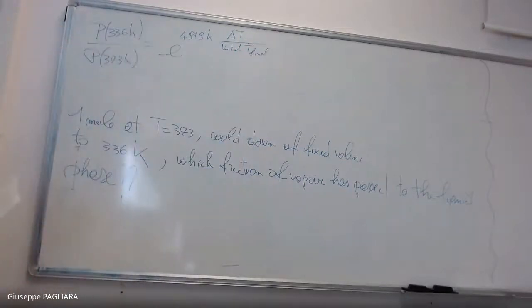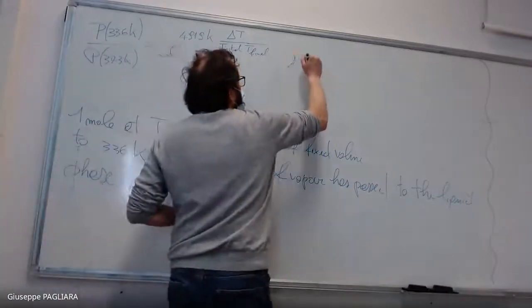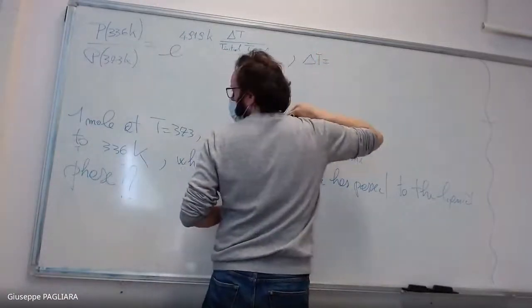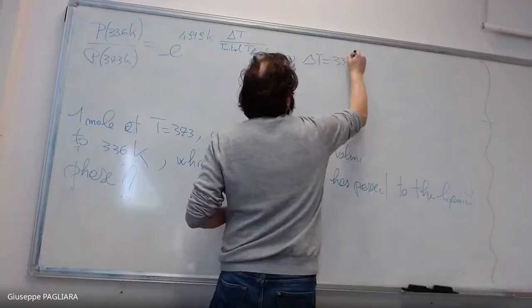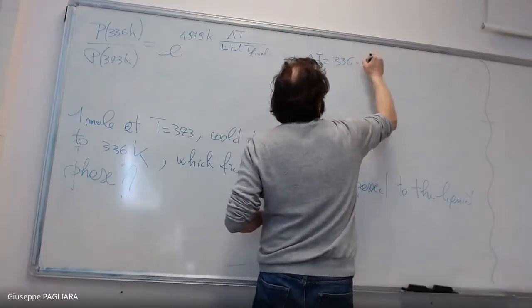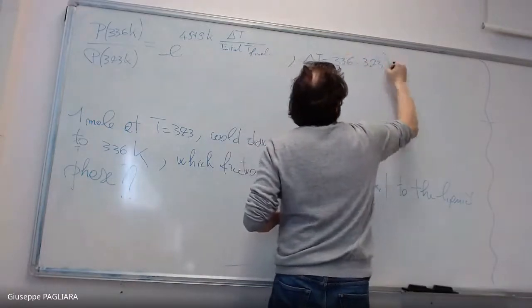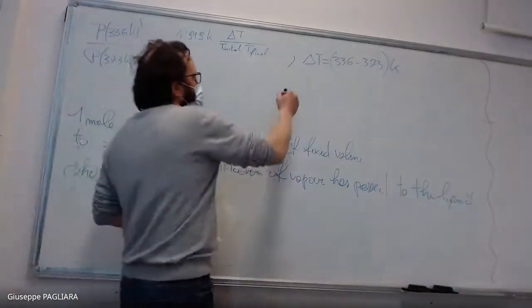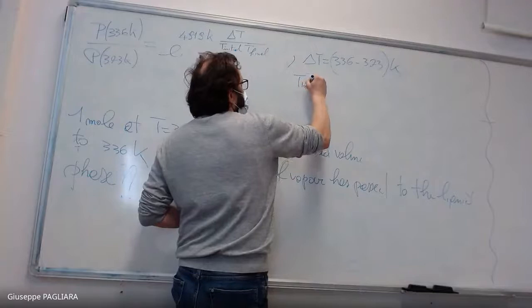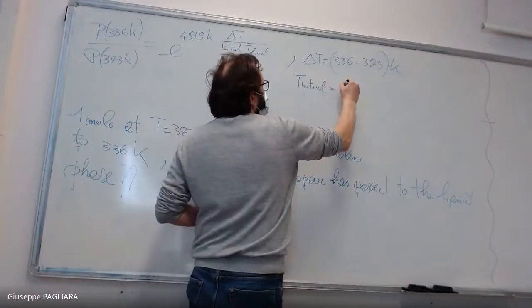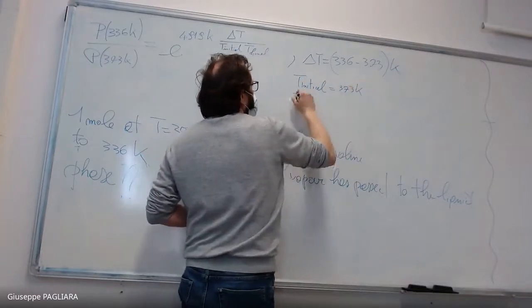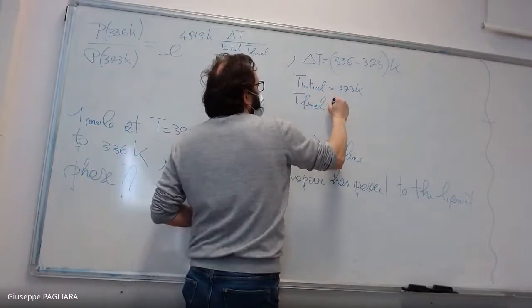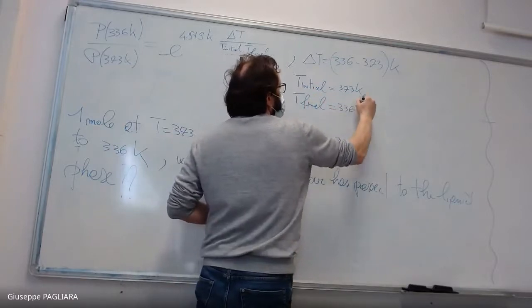And delta T is equal to 336 minus 373 Kelvin. T initial is 373, T final is 336 Kelvin.